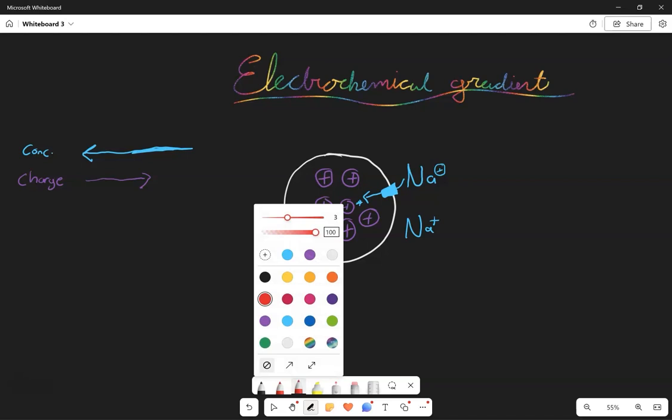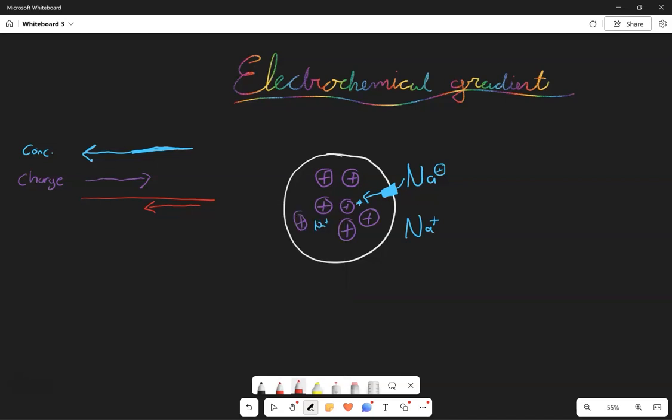And if we add these two forces together, kind of like we did with osmosis, we have a net force in this direction with this magnitude, right? So that's the net force. What we have is a chemical gradient here in blue, known as the concentration gradient, but we also have a charge gradient, and that's the electrical gradient.